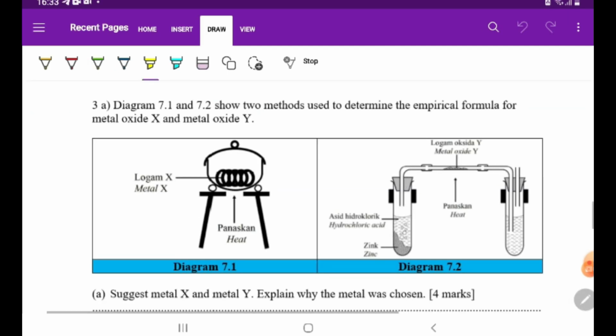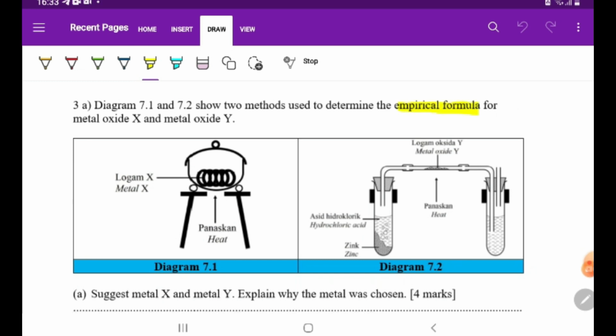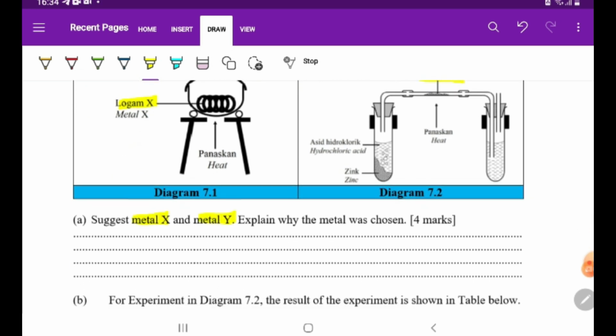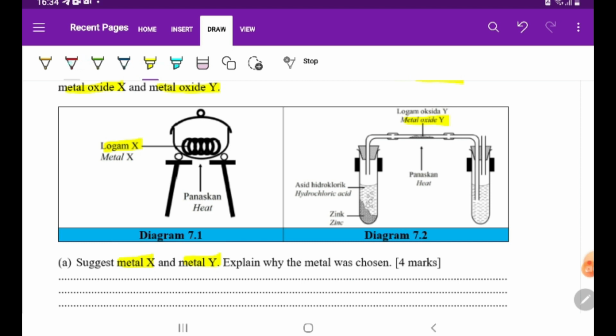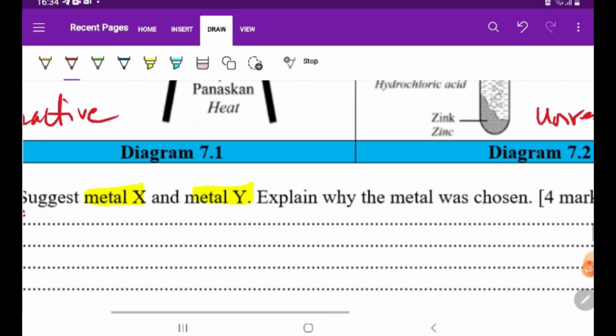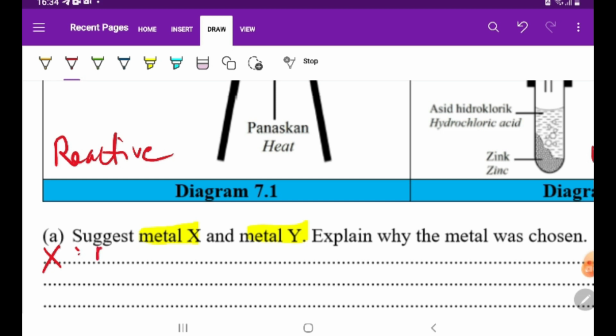Okay, the diagram shows the 2 methods used to determine the empirical formula for metal oxide X and metal oxide Y. Suggest the metal X and metal Y. As mentioned in the class, method 1 is for the reactive metal, and this one is for the unreactive metal. So X, a reactive metal, is magnesium.